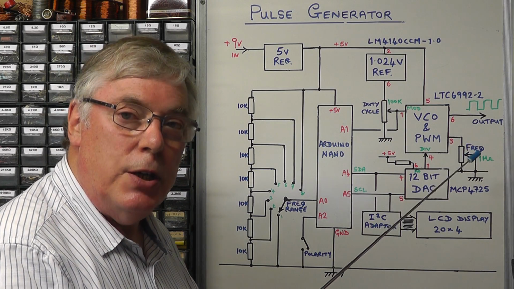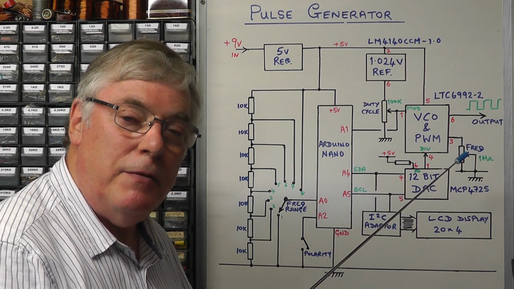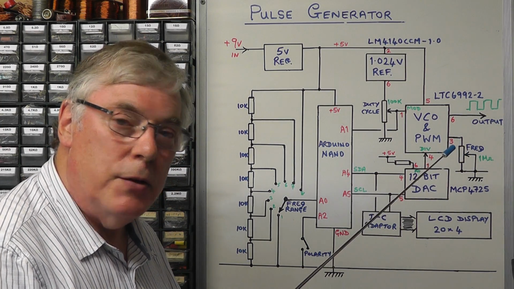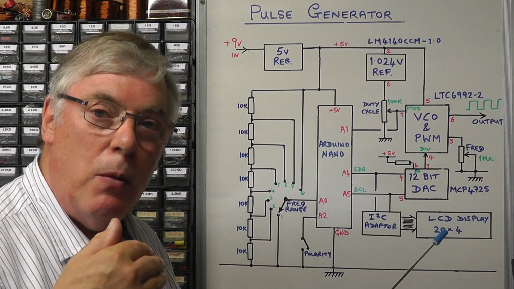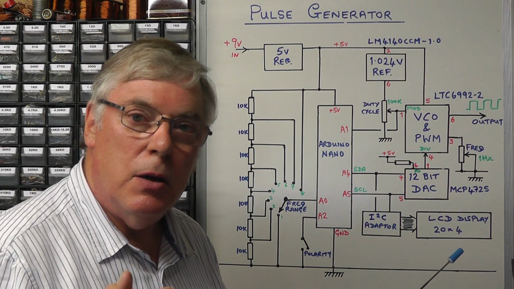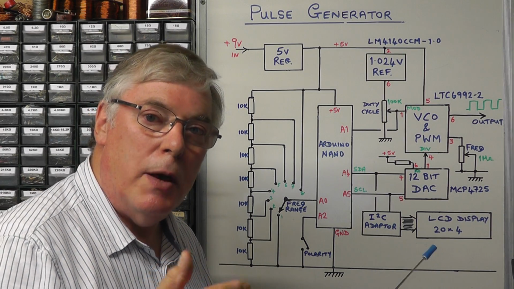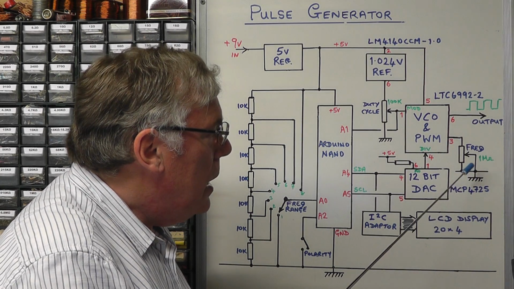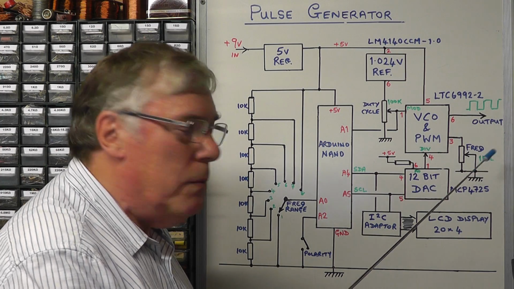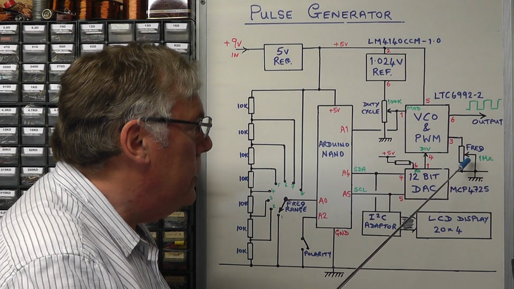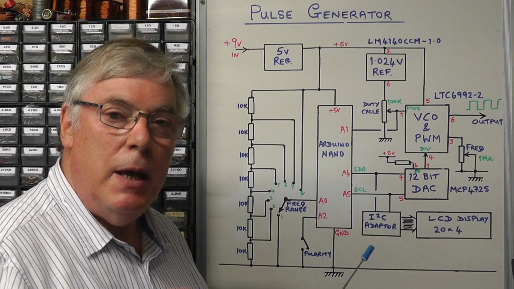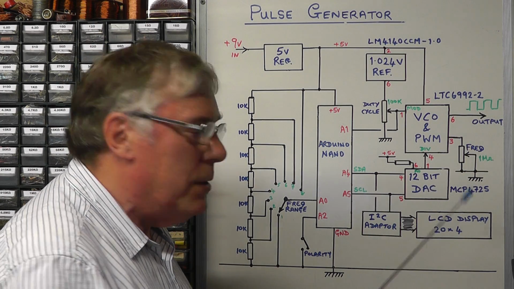According to the datasheet, we need to vary it from around 50k minimum through to 800k maximum, and that will then work within the range of the IC, which is just over 3 Hertz all the way through to 1 megahertz. I'll be using a 1 megohm linear pot to do that job, but I'll be adding a few resistors to limit its range.